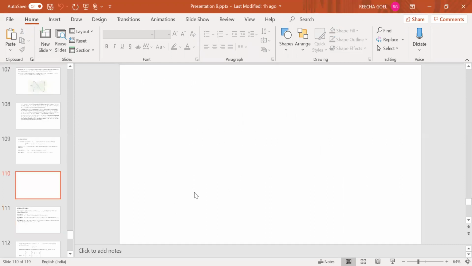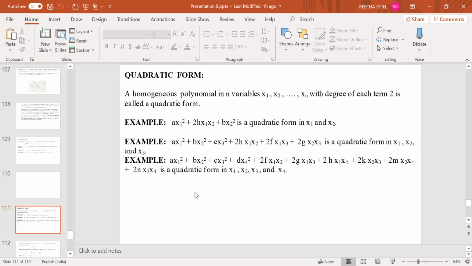quadratic form. What is a quadratic form? The quadratic form, as I have defined the linear form, is again a homogeneous polynomial in n variables x1, x2, xn. Because it is quadratic, each term of the form must be of degree 2 only.